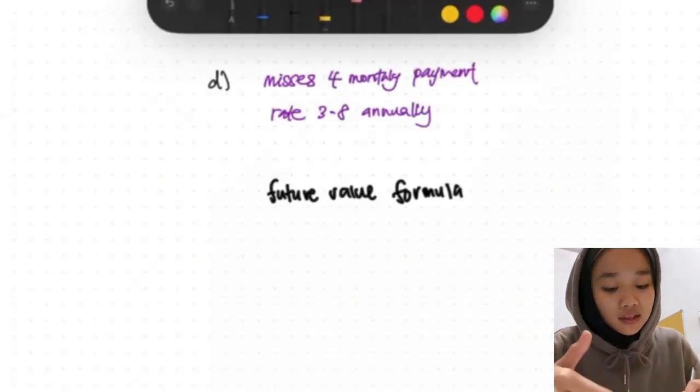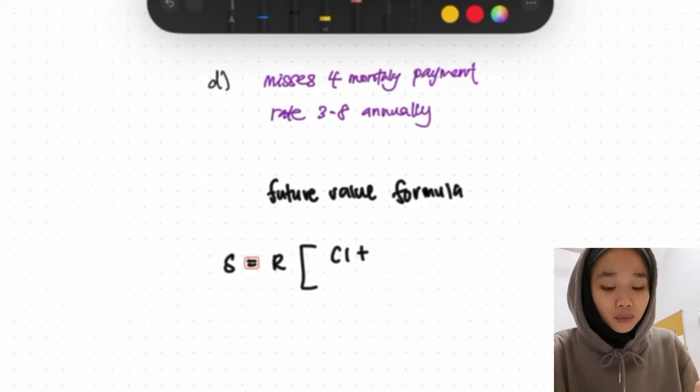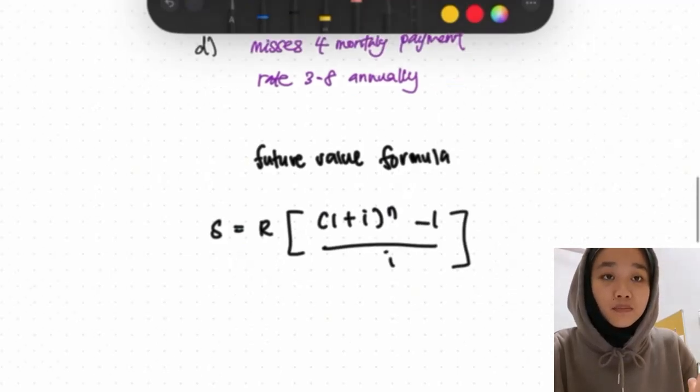So, when Nazreen misses the 5 monthly payments, these payments accumulate interest because the loan interest is compounded monthly at the rate of 3.8% annually. So the missed payments will grow into a future value that must be repaid. To calculate this, we use the future value of an ordinary annuity formula for the 5 missed payments.